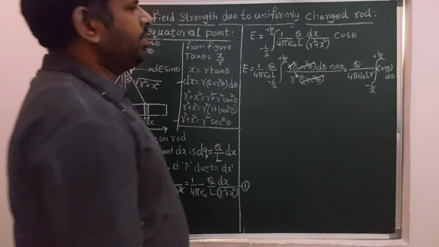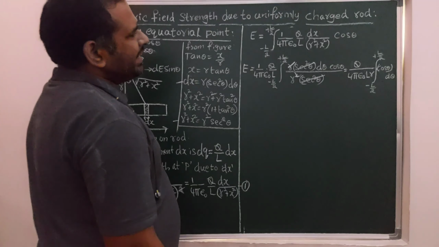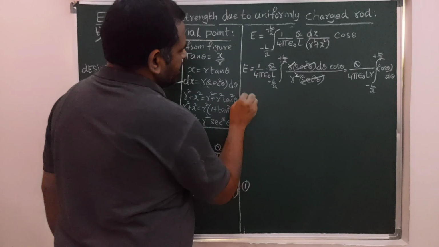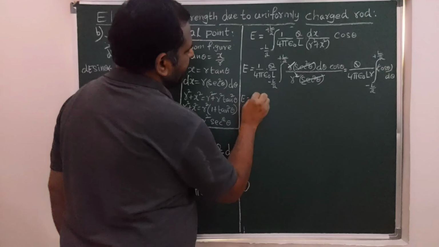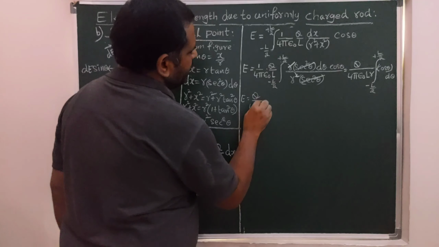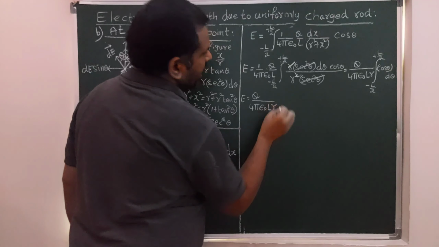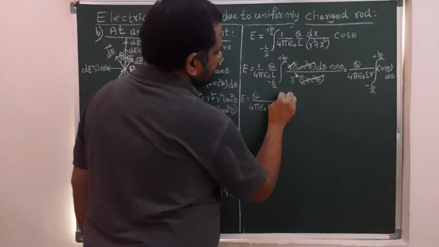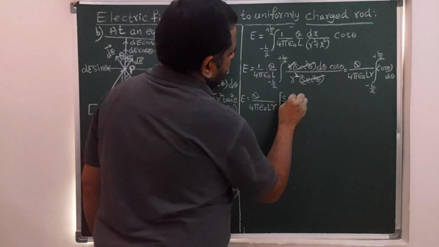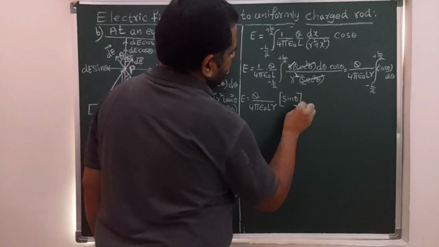So integrating cos theta, E is equal to Q divided by 4 pi epsilon naught into L into R. The integration of cos theta is sin theta.